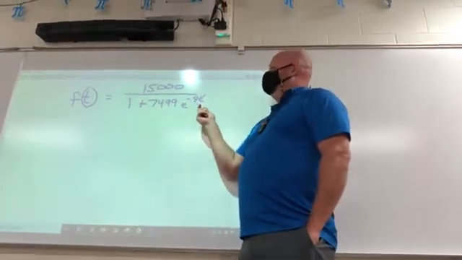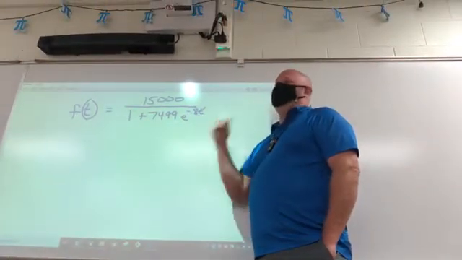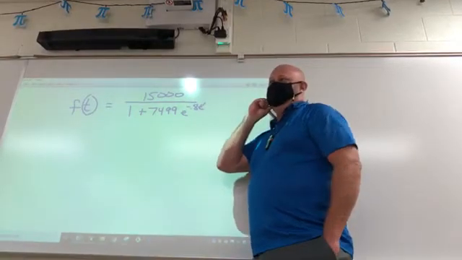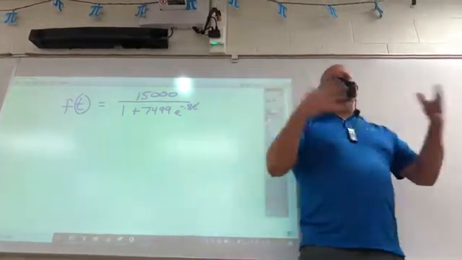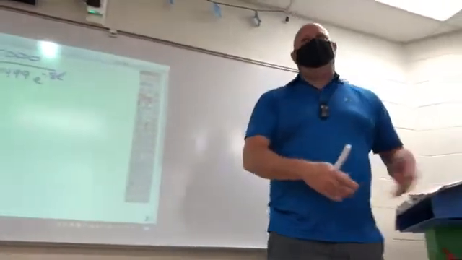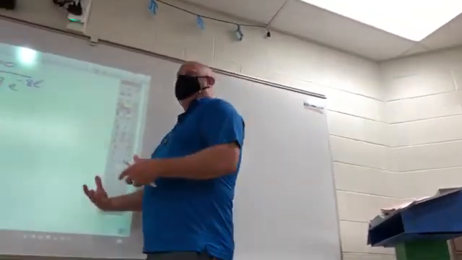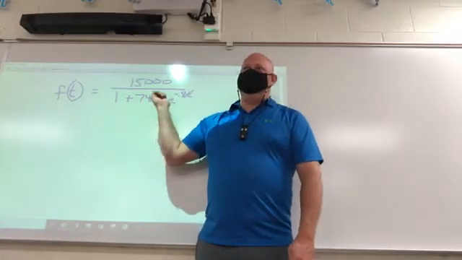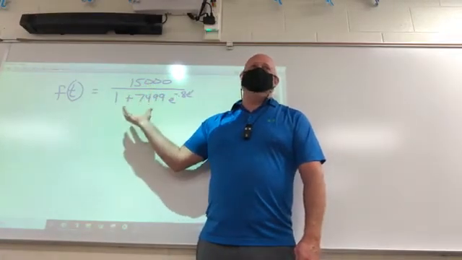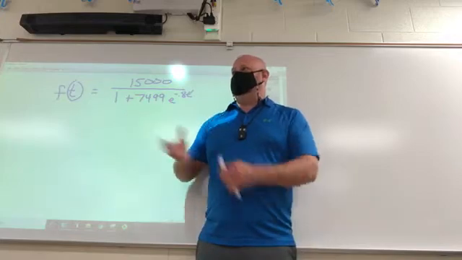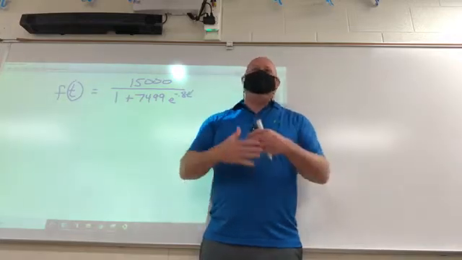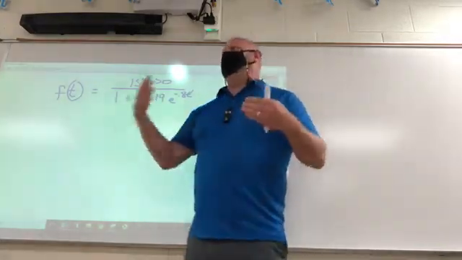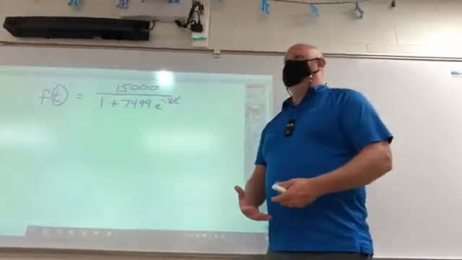Now, the 0.8 and the 7499 could vary because not all viruses are as contagious as one another, so some are going to spread more rapidly than others. But this is an example of basically how you can calculate how much time it would take for so many people to have the virus.